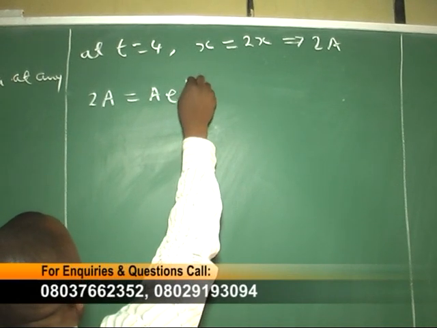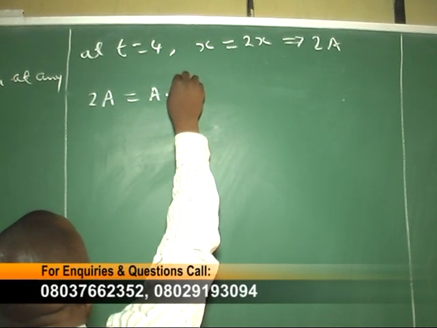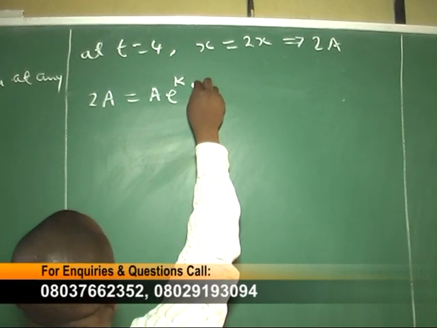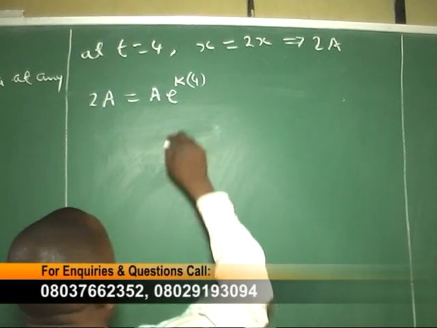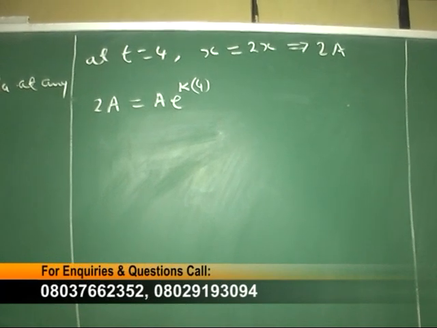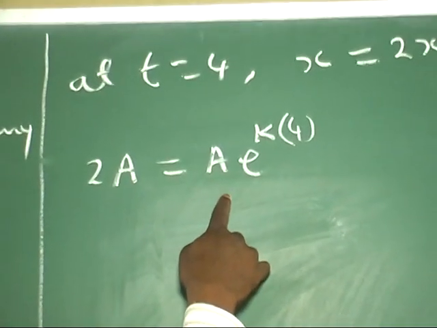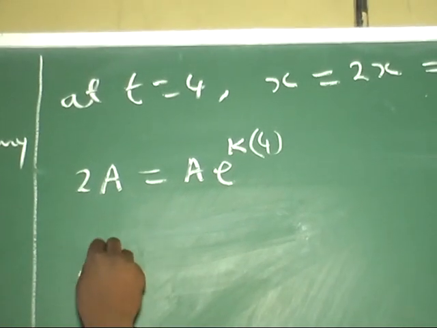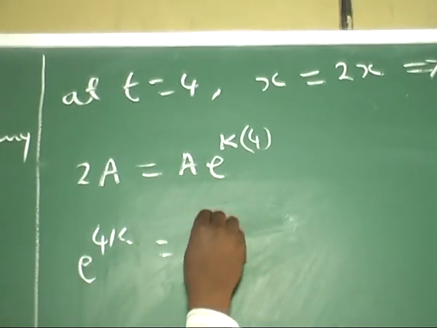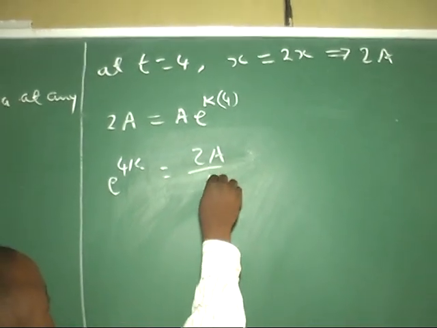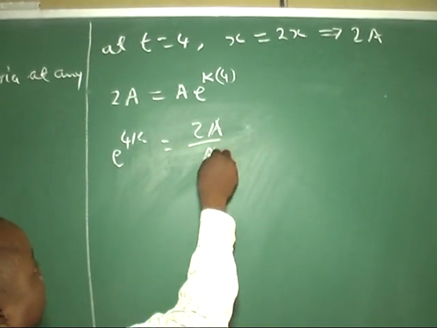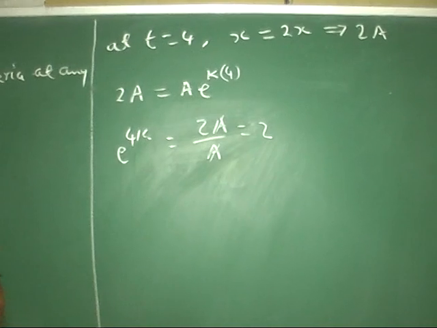exponential k times 4. Look at that. Which means, you see, what we have here is that exponential 4k is equal to 2a all over a. Of course, this a can cancel this a, so we have 2.